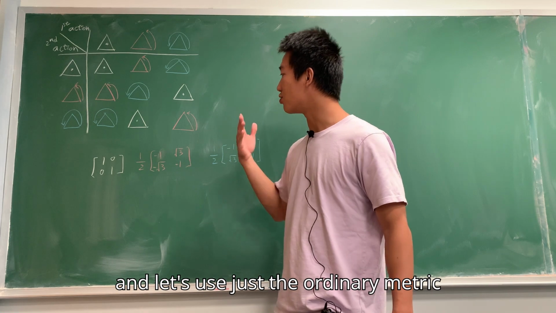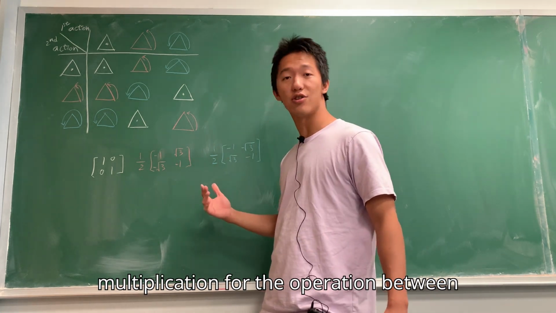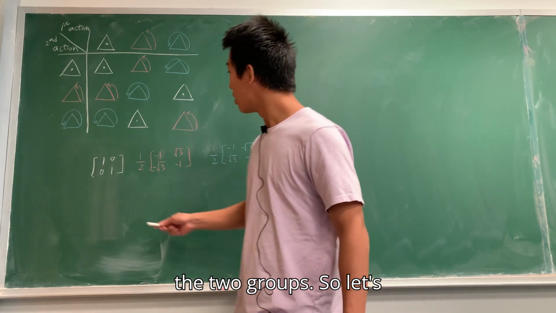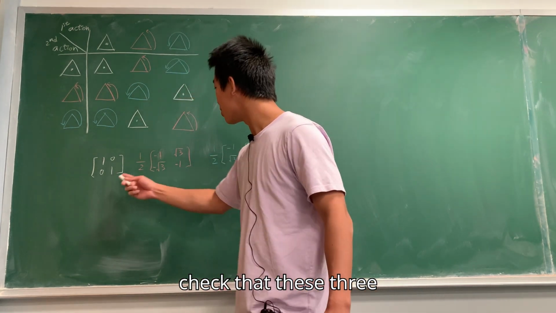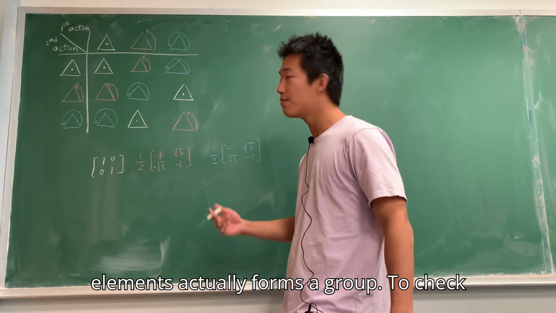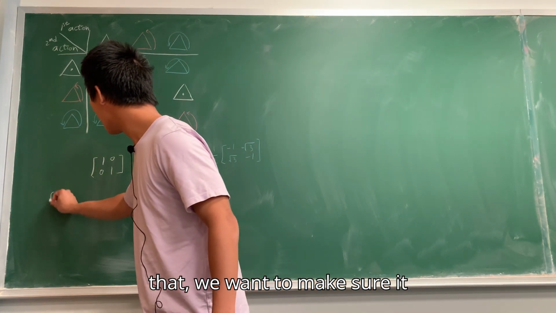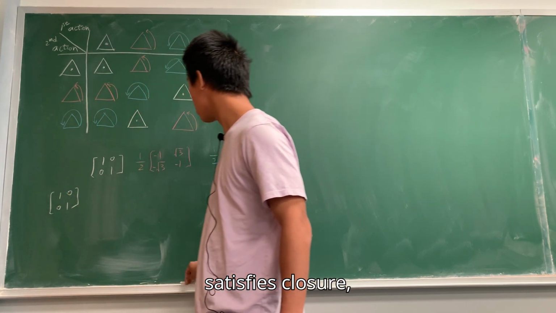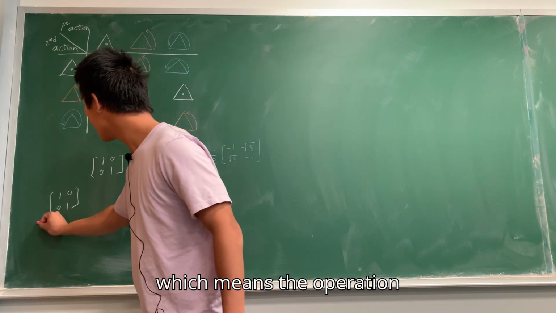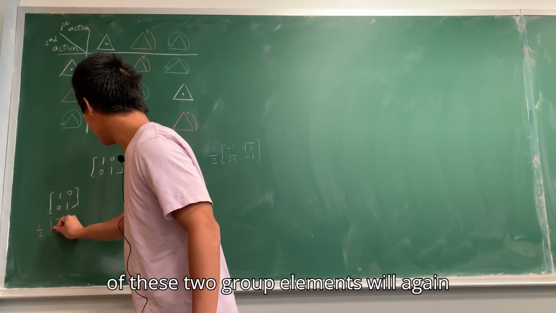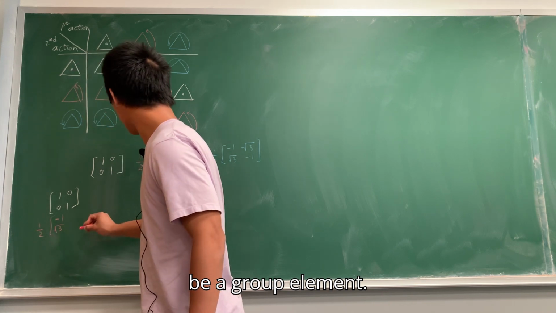And let's use just the ordinary matrix multiplication for the operation between two group elements. Let's check that these three elements actually form a group. To check that, we want to make sure it satisfies closure, which means the operation of any two group elements will again be a group element.